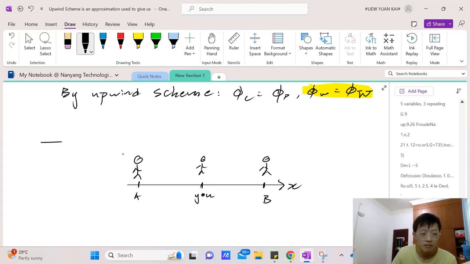Let's suppose that there's some wind, say a fan blowing. Let's imagine there's a fan here, and because of this fan, it's blowing some wind in this direction.